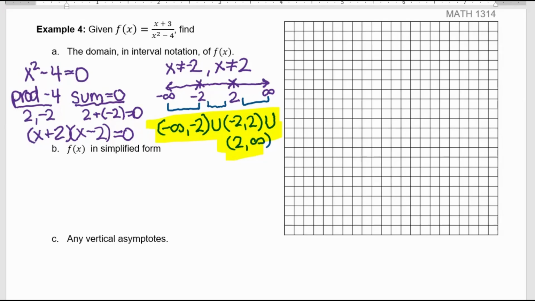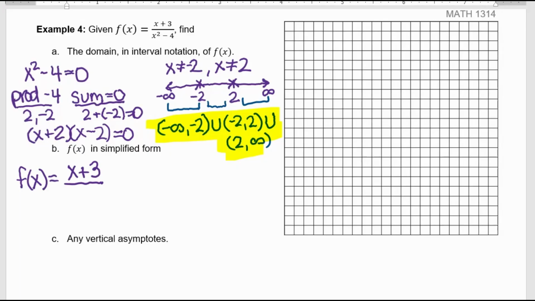Let's go on to the simplified form. Remember, simplified form means that you take your numerator and denominator, you factor as much as you can and see if anything cancels out in top and bottom. Because our numerator is a binomial and there is no GCF, we're not going to do anything with it.